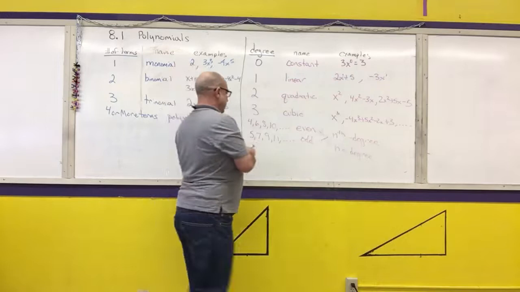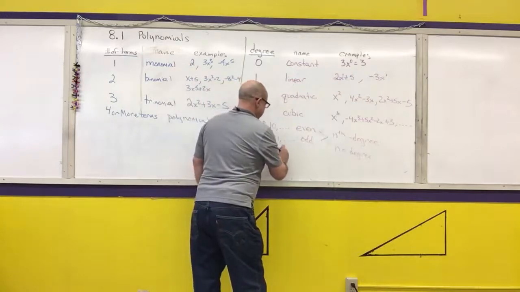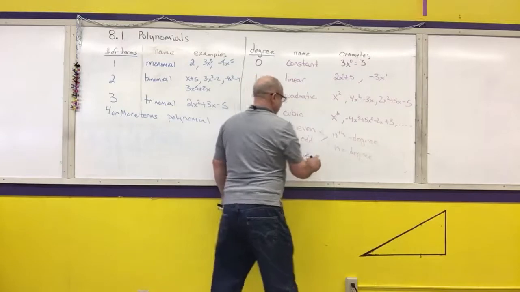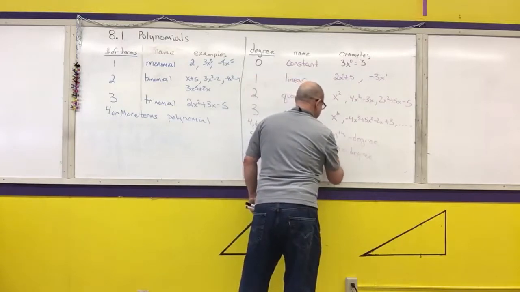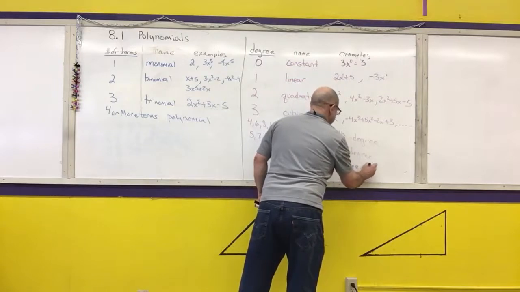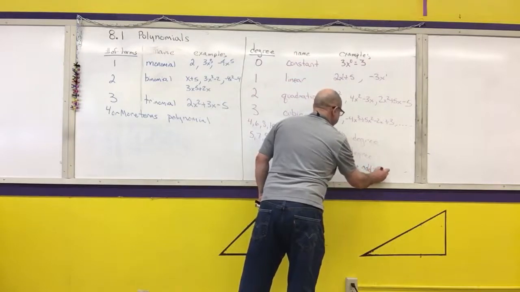An example here would be x to the 7th plus 6x minus 5 would be a 7th degree odd polynomial.